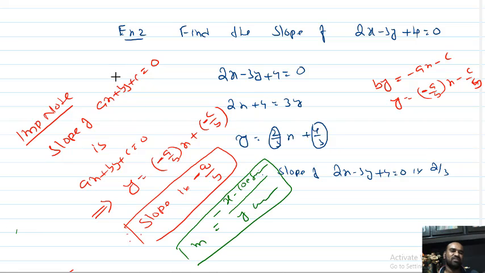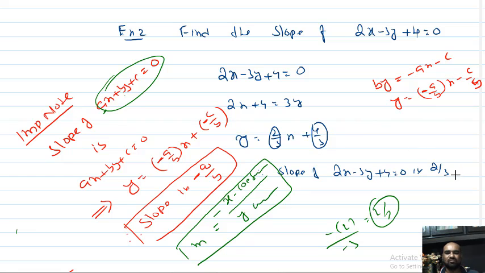If a line is given in this form, you can directly find the slope by using this rule. Or if you don't want to use that rule, just convert it into the form y equal to mx plus c, and from that you can find the slope of that line. So, directly, minus x coefficient by y coefficient gives the slope. See here, minus x coefficient, minus 2, by y coefficient, minus 3. In total, what did you get? 2 by 3. That is the slope, 2 by 3. In this way, you can find the slope of a straight line.